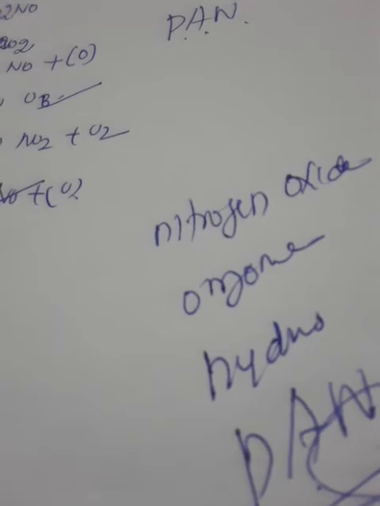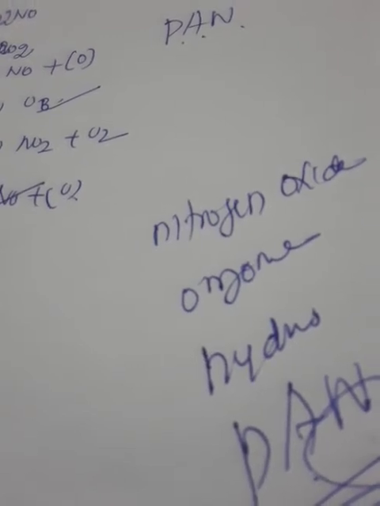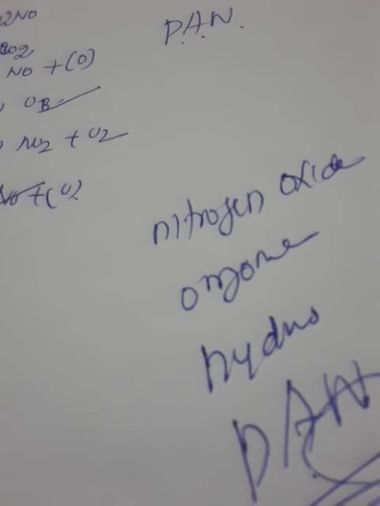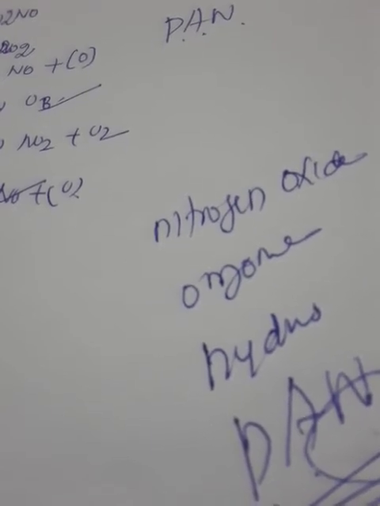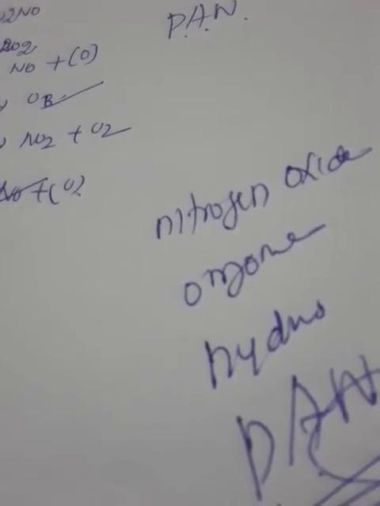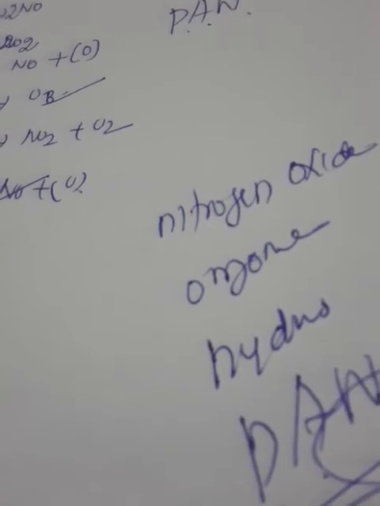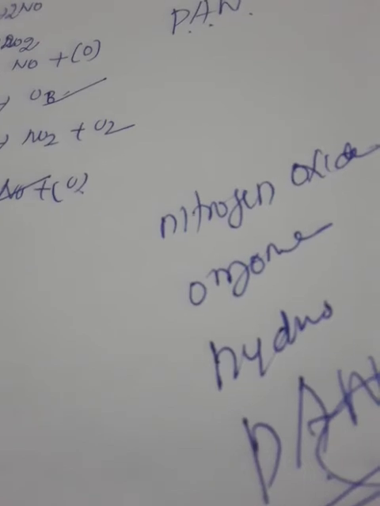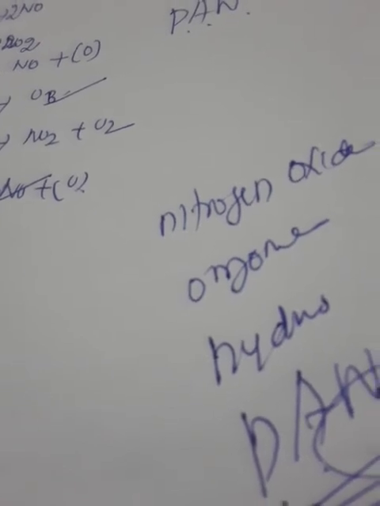by using catalytic converters in engines. Similarly, plantation of certain trees like pinus, pyrus, quercus, vitis, juniperus. If you plant these trees, it can control the photochemical smog.